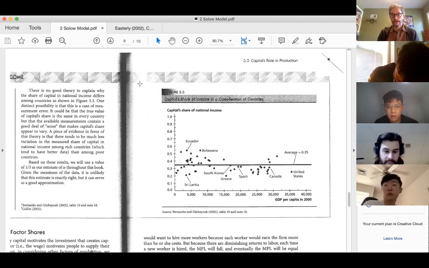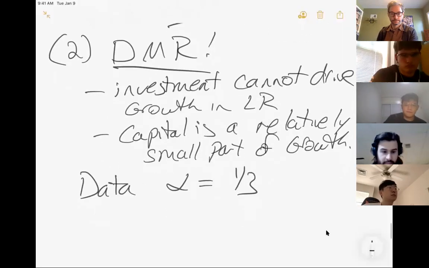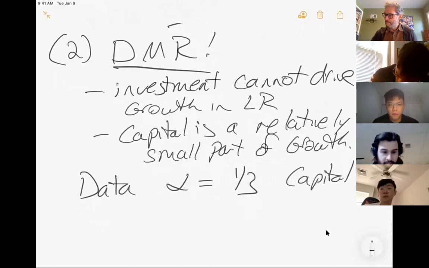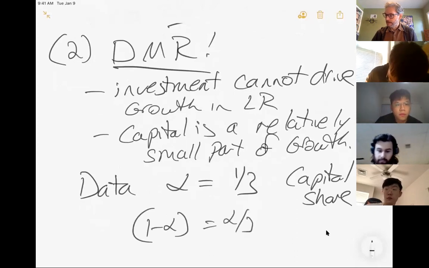Right? And in the US, it's probably even lower than that. Though, as we're going to talk about, there's some reason to think it's actually going up over time. So the data really tells us that capital share is at most roughly about 1/3 of total output. And labor share is much bigger.